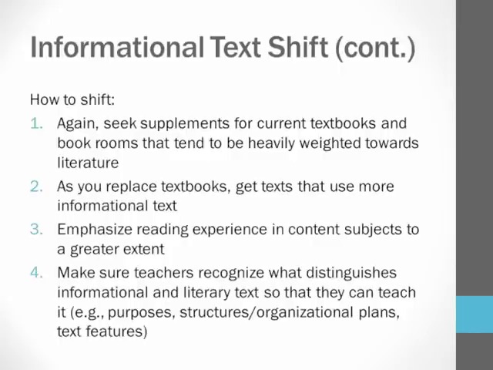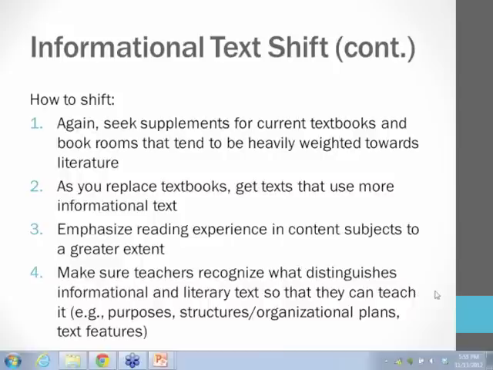If you've got a core program that's maybe 8 or 10 years old, I bet it's more like 80% literature and 20% informational text. And you'll have a lot more supplementing to do in a case like that. Certainly, as you replace textbooks, get texts that use more informational text. You shouldn't have to scramble around to find what you need, especially if you're buying those kinds of products.